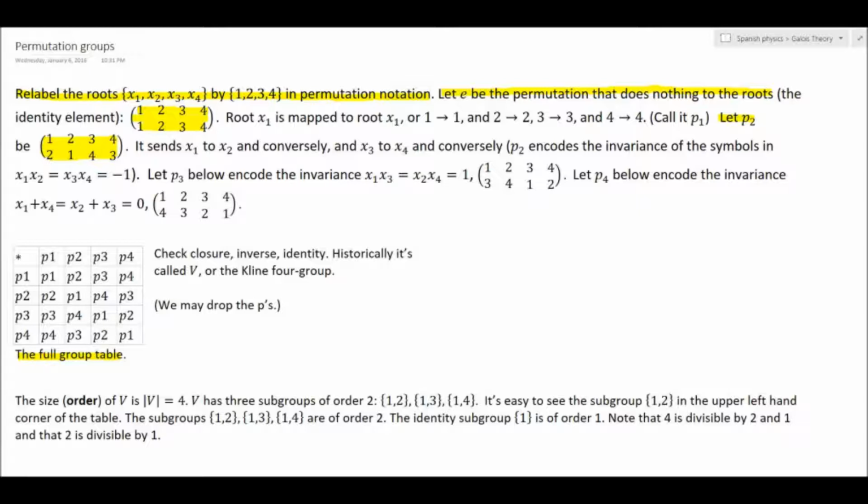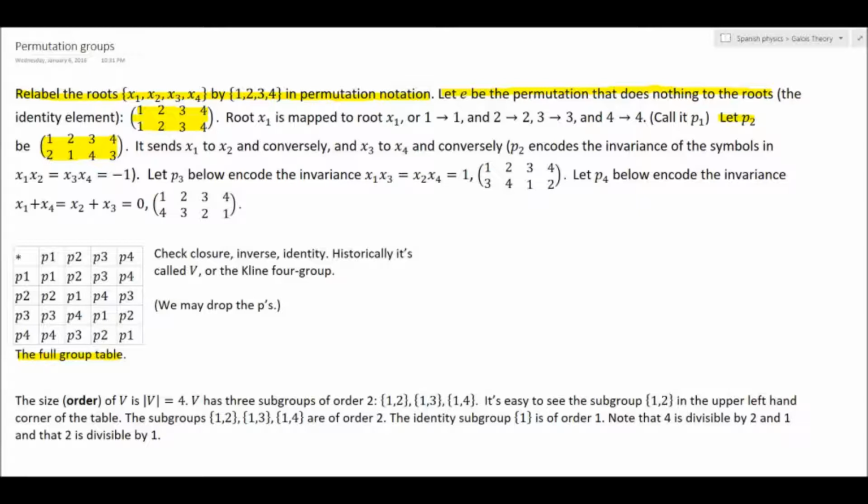The permutation P3 captures the fact that x1 times x3 is the same thing as x2 times x4 is 1. And there it is in permutation notation, 1, 2, 3, 4 above. 1 above to 3 below, 2 above to 4 below, 3 above to 1 below, and 4 above to 2 below. Finally, P4 encodes the other invariance, the one that has a sum, x1 plus x4 is the same thing as x2 plus x3. So 1 can go to 4, 2 can go to 3, 3 can go to 2, and 4 can go to 1.